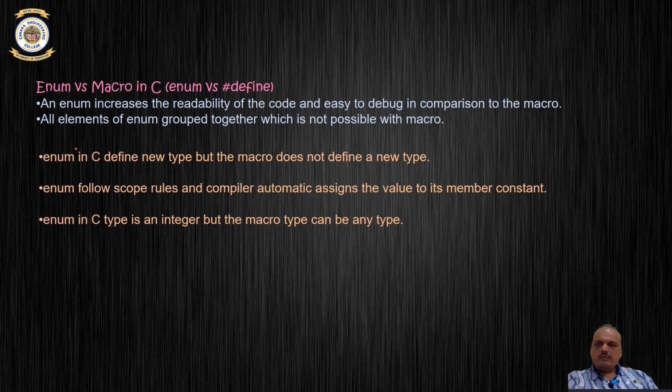So why do we use enumerators? As I said, enumerators increase the readability of the code. They make your code much more readable and trackable if you are into some kind of an error or debugging scenario. The other thing is all elements are grouped together, very similar to union and structure.